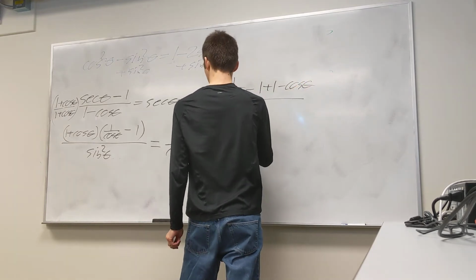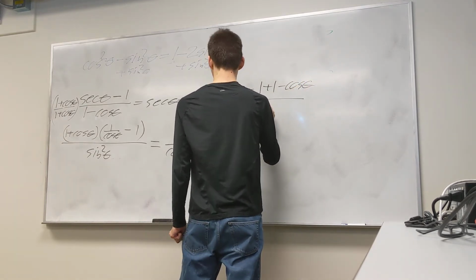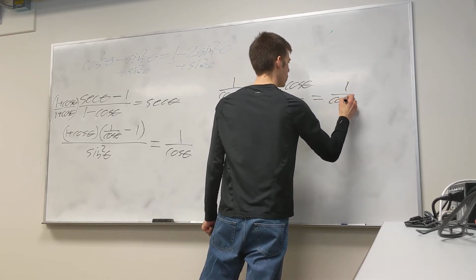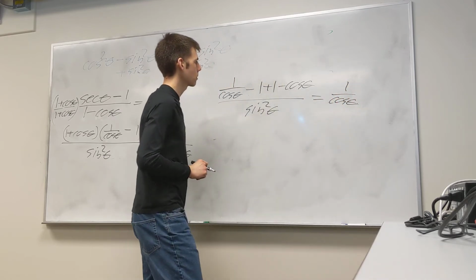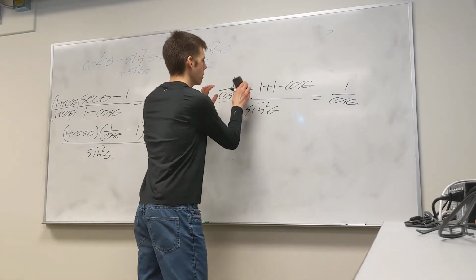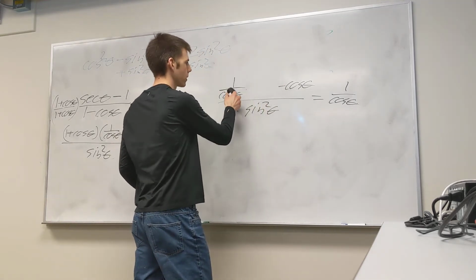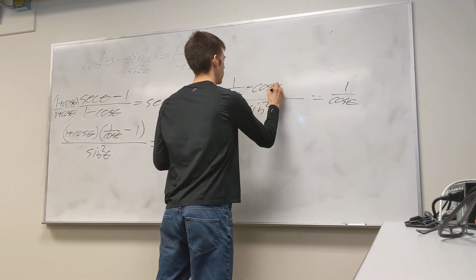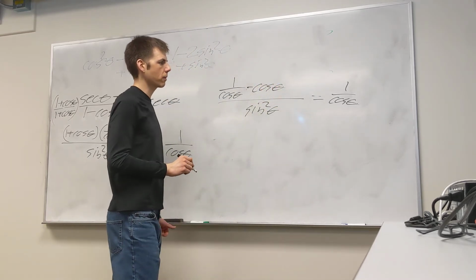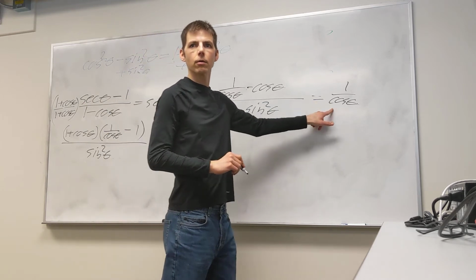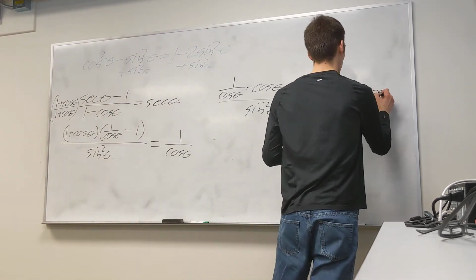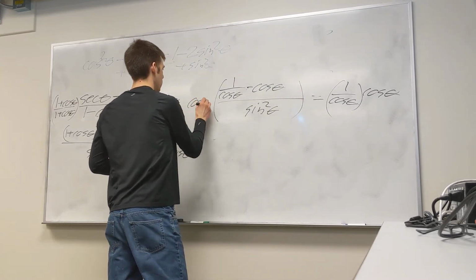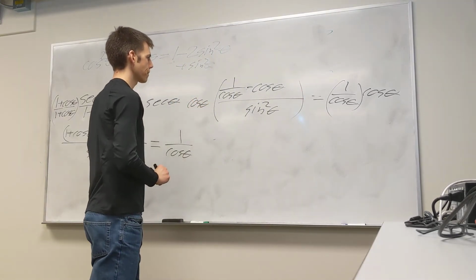And that's over sine squared theta. Okay? So basically these go away, right? 1 over cosine theta minus cosine theta. Now what if I multiply both sides by cosine theta? Get rid of this? Okay?